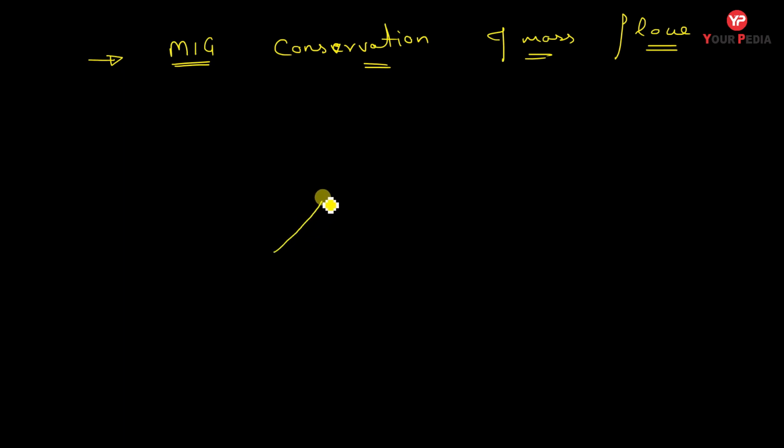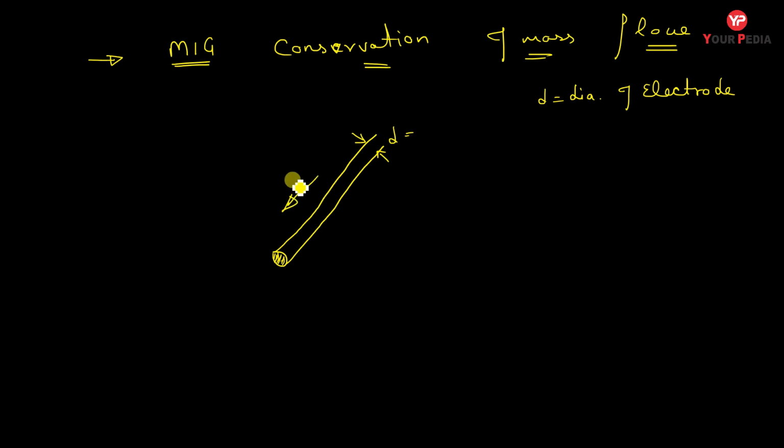For example, this is the electrode that we use in the MIG welding process, and the electrode always has a circular area of cross section, having some diameter. Small d is the diameter of the electrode.